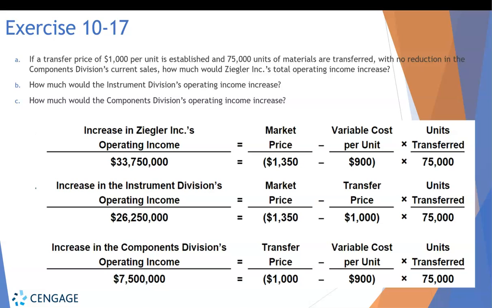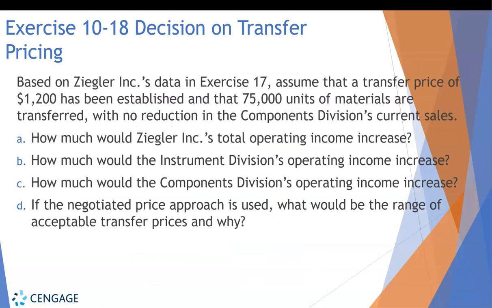For the instruments division, we would take the difference between the market price and the transfer price times the number of units transferred. And for the components division, we take the transfer price minus the variable cost times those units transferred. So you see how the entire income is at $33,750,000, and you can see how that's broken down.